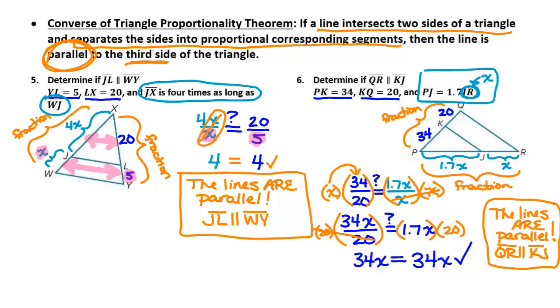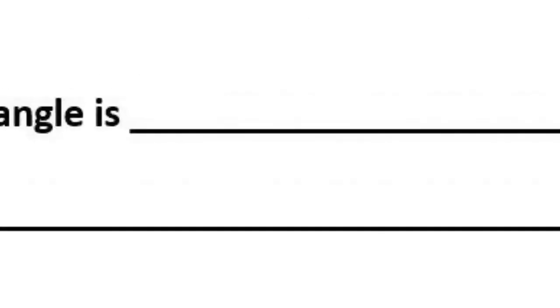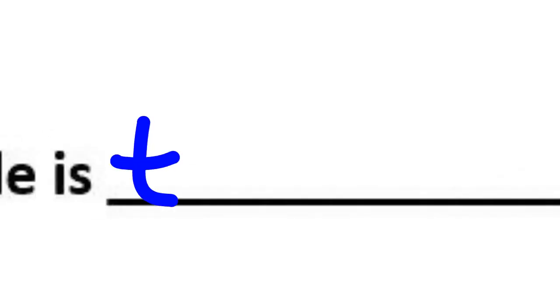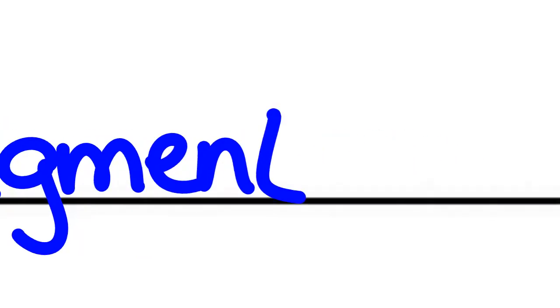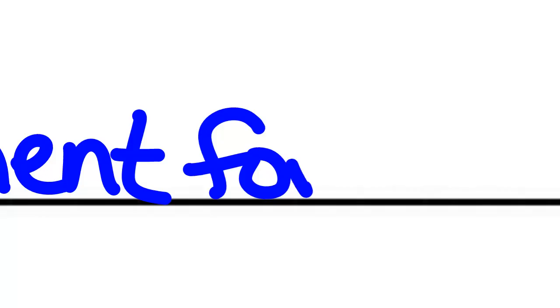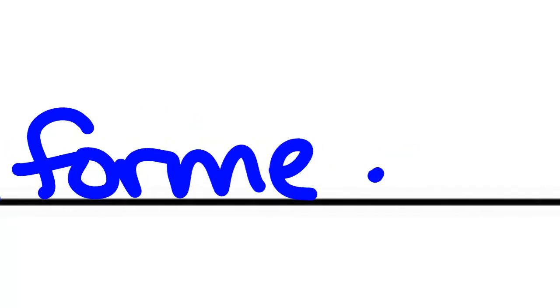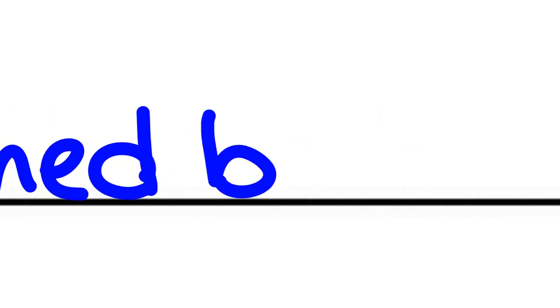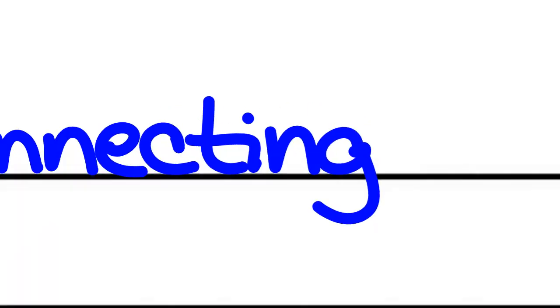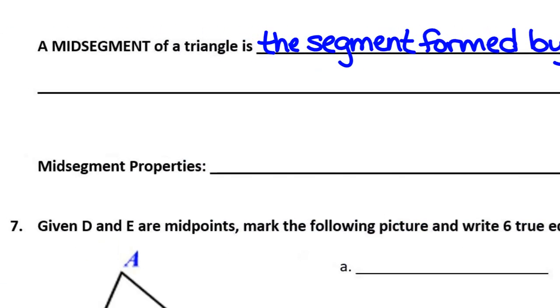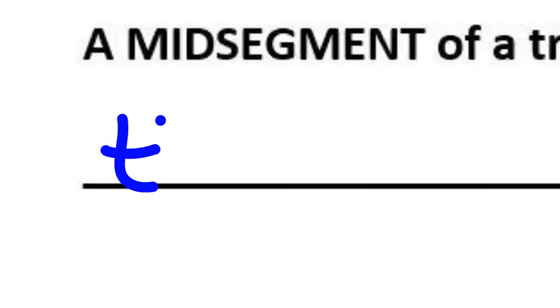And we're going to talk about midsegments. A midsegment of a triangle is the segment formed by connecting the midpoints of two sides in a triangle.